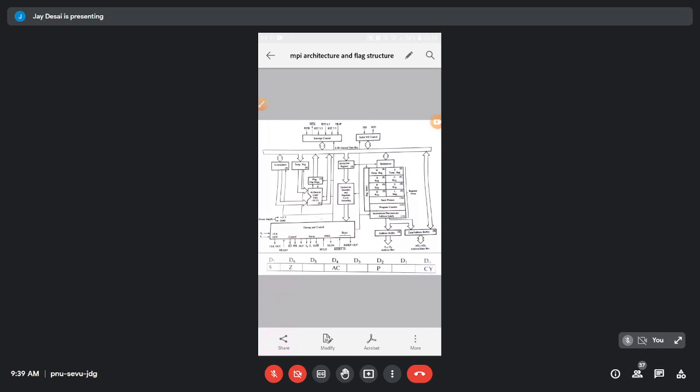You cannot get the information related to carry. તમને એ ખબર નહીં પડશે કે મારી અંદર કેરી જનરેટ થઈ છે કે નથી થઈ. તમને તો ખાલી છેલ્લે આન્સર મળી જશે. તો એ વસ્તુ ચેક કરવા કોણ તમને હેલ્પ કરશે? ફ્લેગ સ્ટ્રક્ચર હેલ્પ કરશે. That flag structure will show whether your carry is generated or not while doing the addition. Addition થયું ત્યાં તમારી કેરી જનરેટ થઈ કે નહીં થઈ એ તમને પ્રોસેસર ફ્લેગ સ્ટ્રક્ચર બતાવશે.